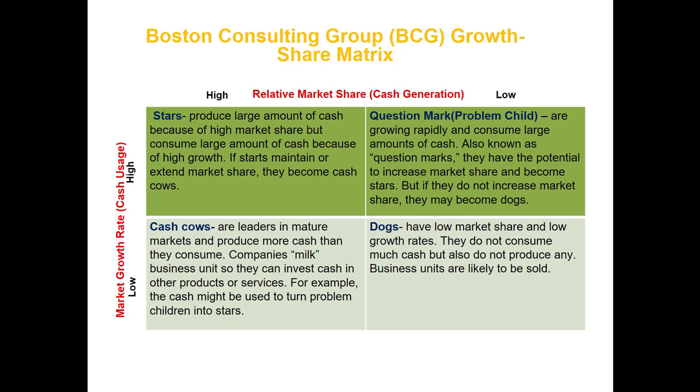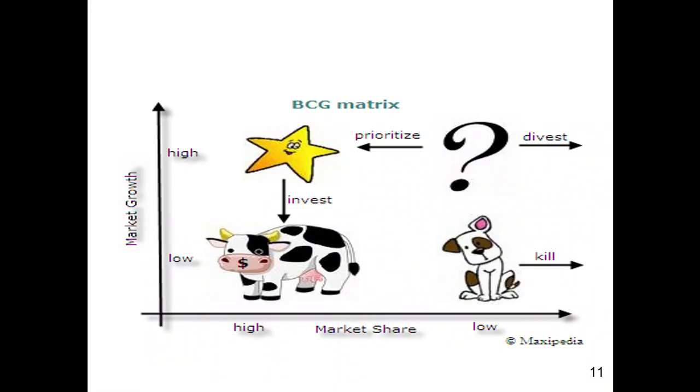Okay. All right. So this is basically another example of your BCG matrix. So these are the strategies that might be used. Okay. So for your question mark, if you are able to maintain or grow your market share for the question mark, it might turn into stars.